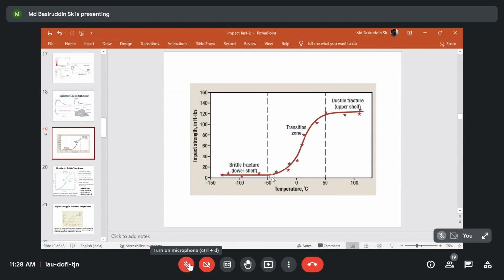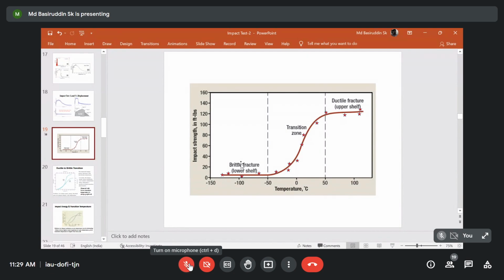Some brittle fracture region appears in the middle of the specimen, and when it reaches a certain critical value, the whole fracture surface is completely brittle fracture.